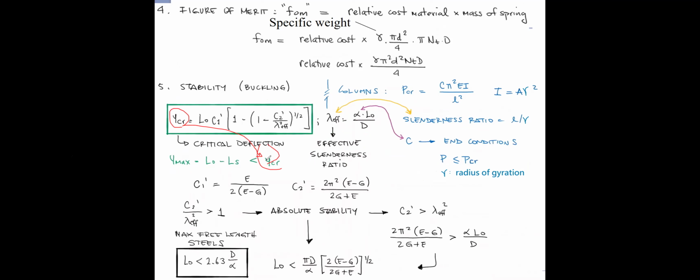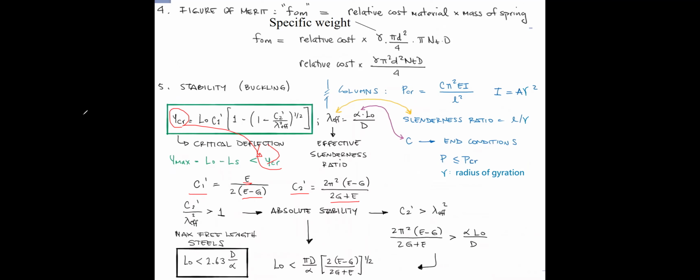So there are two parameters, C1 prime and C2 prime, which are related to the material's property. C1 prime equals E, the Young's modulus, over 2 times E minus G, the shear rigidity, and C2 prime equals 2 pi squared times E minus G over 2G plus E. So these two parameters are related to the material's property.